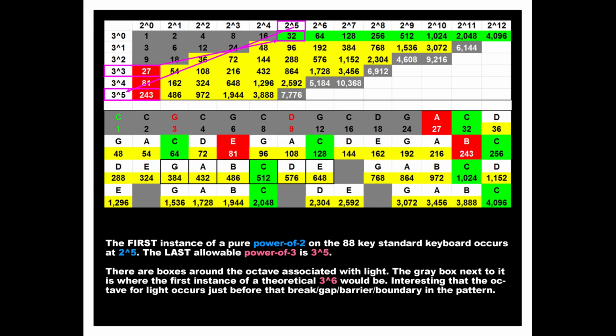The last allowable power of 3 on the keyboard is 3 to the power of 5. There are boxes around the octave associated with light. The gray box next to it is where the first instance of a theoretical 3 to the power of 6 would be. Interesting that the octave for light occurs just before that break, gap, barrier, boundary in the pattern.